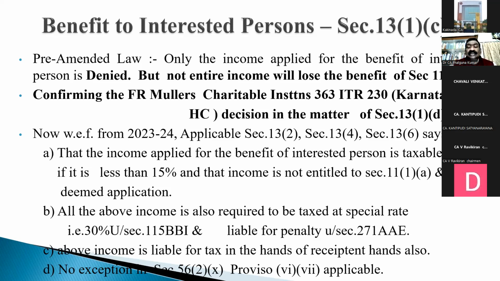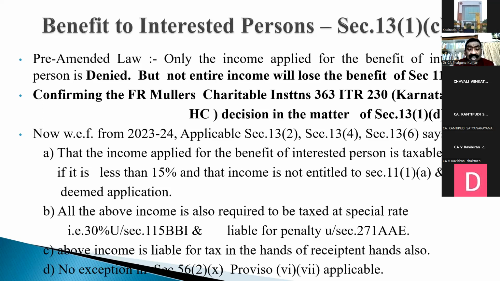So two ways it's going to affect. Not only that it is not paying the tax, it is not ending the matter. A new penalty section from 23-24 is introduced with this 2022 Finance Act. What is that new penalty section? 271AAE. The 271AAE says how harsh it is, you please see.